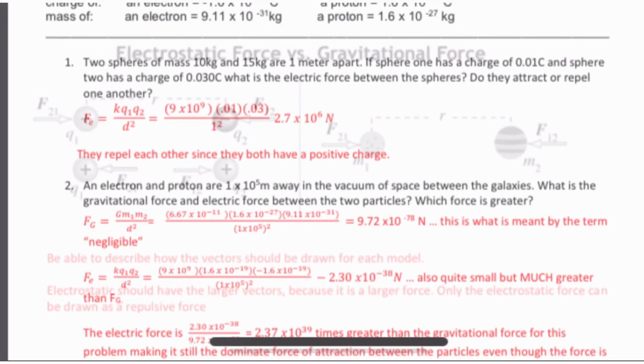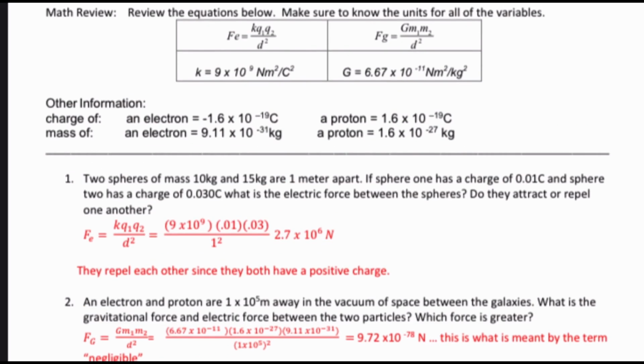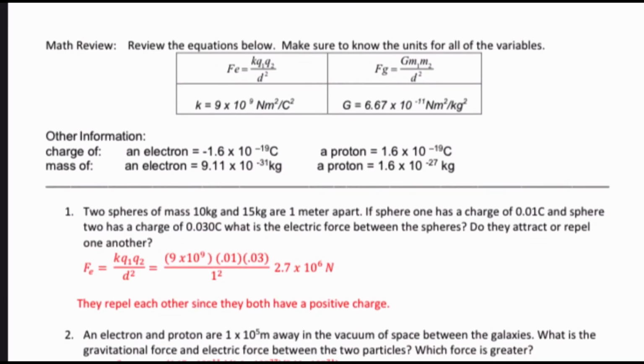And yes, I lied. I'm going to go over the equations. In the first question, you see how the question is asking what the electric force would be, and they threw in the masses of the two spheres just to throw people off.